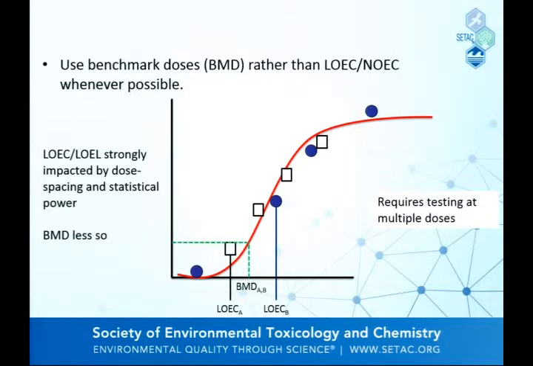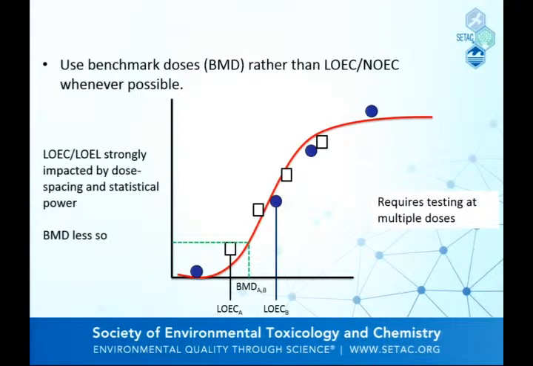You'd have the same benchmark dose. It's essentially the same response. But because of the difference in design, if you based it on a LOEC, you might have a difference of 10-fold between those 2 experiments simply based on the dose selection, even though the potency was exactly the same.